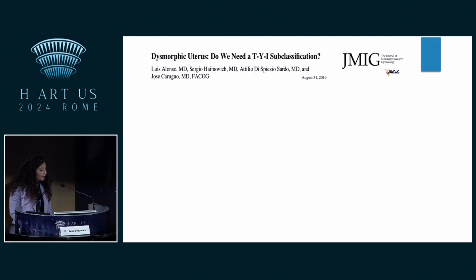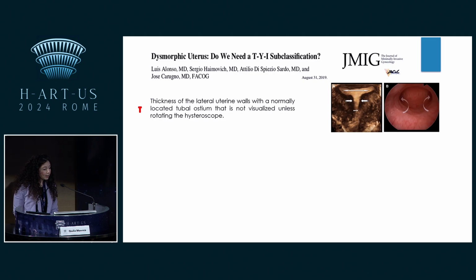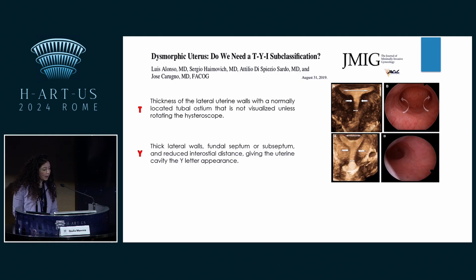And the other question is, how many types of dysmorphic uterus do we know? In this video article by Alonso Pacheco of 2019, he proposed a subclassification of dysmorphic uterus in 3 categories. T-shaped, characterized by the thickness of the lateral uterine walls with a normally located tubal ostium that is not visualized unless rotating the hysteroscope.